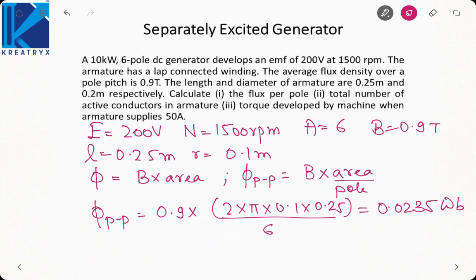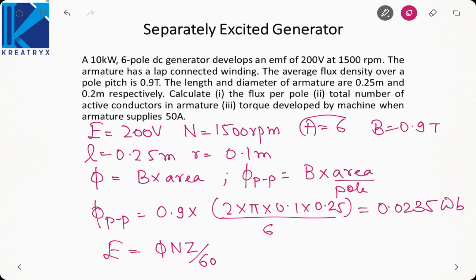Next, it is asking about active conductors in armature, that is Z. So think about it. Where do we see Z? Z is only seen in the equations that involve induced EMF. Induced EMF is nothing but phi N Z by 60. Why am I not writing P by A?